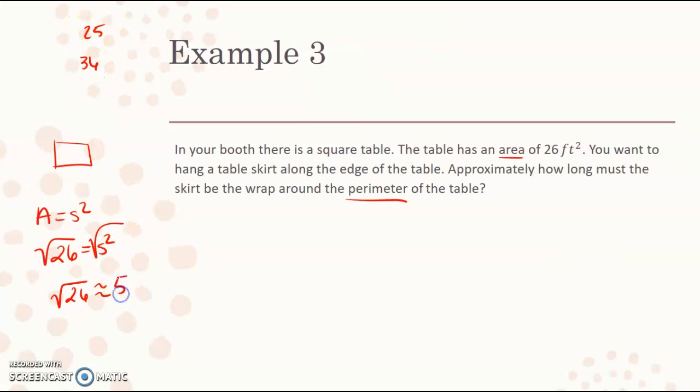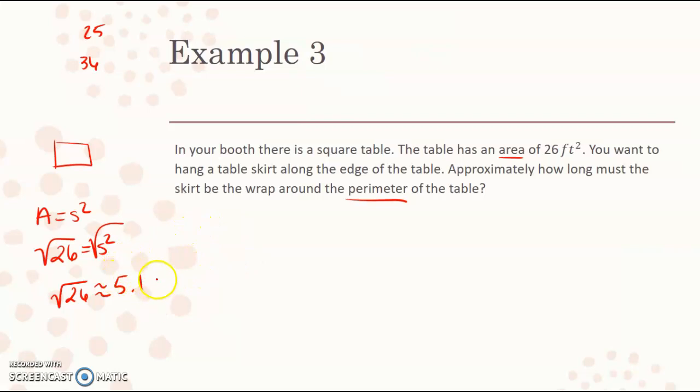So we know we're at 5 point something, and it's really close to 25, so I'm going to guess 5.1. And we could check by taking 5.1 squared, and we get 26.01. So that's a pretty close estimate right there. So we're going to go with 5.1 as our estimation.